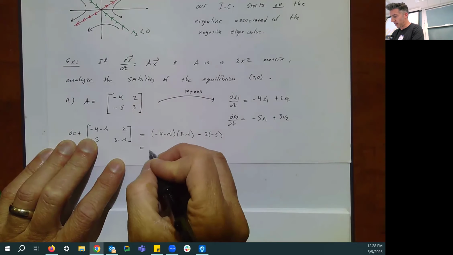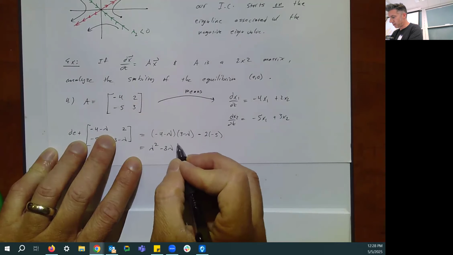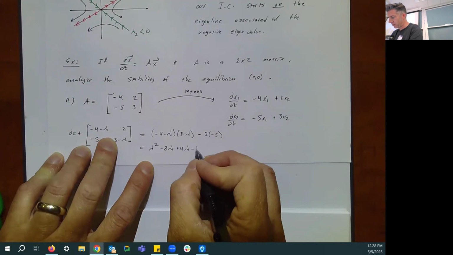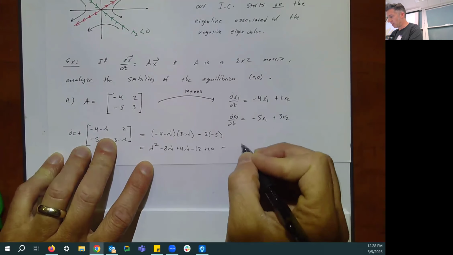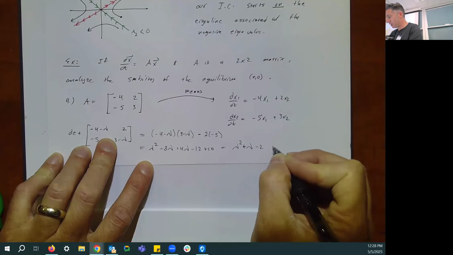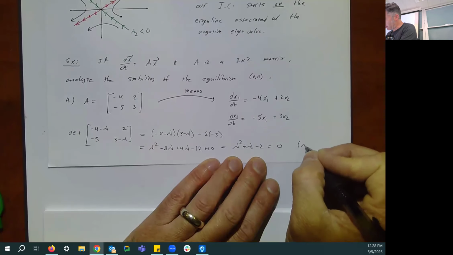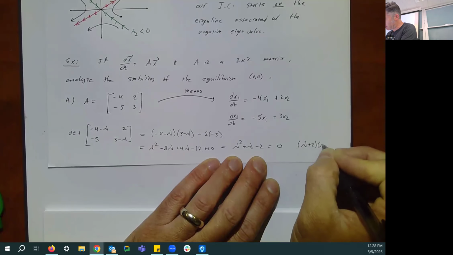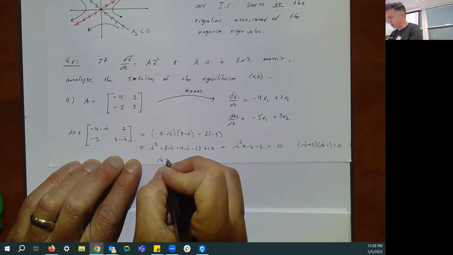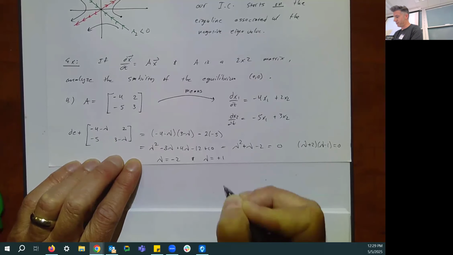You're going to get lambda squared minus 3 lambda plus 4 lambda minus 12 plus 10, which becomes lambda squared plus lambda minus 2, set equal to 0. This one happens to factor. We get lambda plus 2 times lambda minus 1 equal to 0. So our eigenvalues are lambda equal to negative 2 and lambda equal to positive 1.